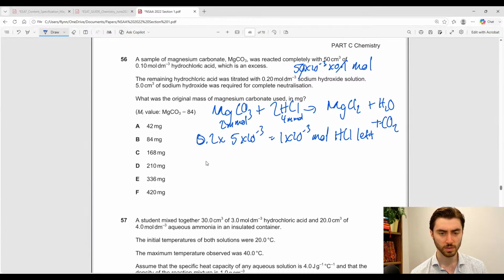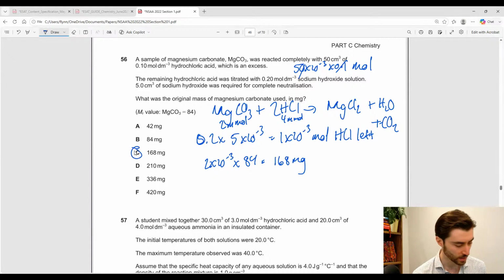So mass equals n times Mr is 168 milligrams, is C. Done. Cool.